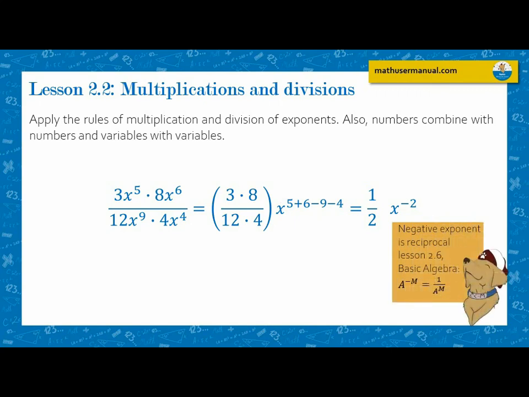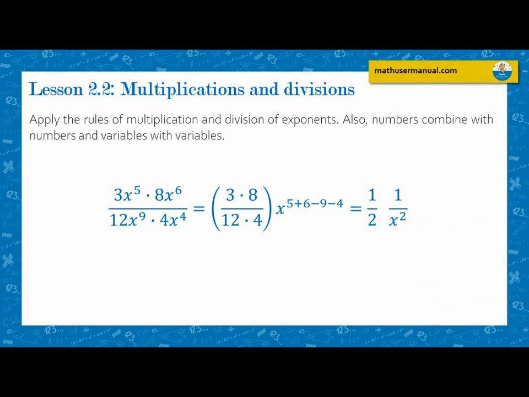And let's remember lesson 2.6 from the Basic Algebra course, that negative exponents just means we need to take the reciprocal. So this x to the power of negative 2, to eliminate that negative exponent, we generally don't like negative exponents. We're just going to turn it into a reciprocal. So x to the negative 2 is 1 over x to the power of 2.